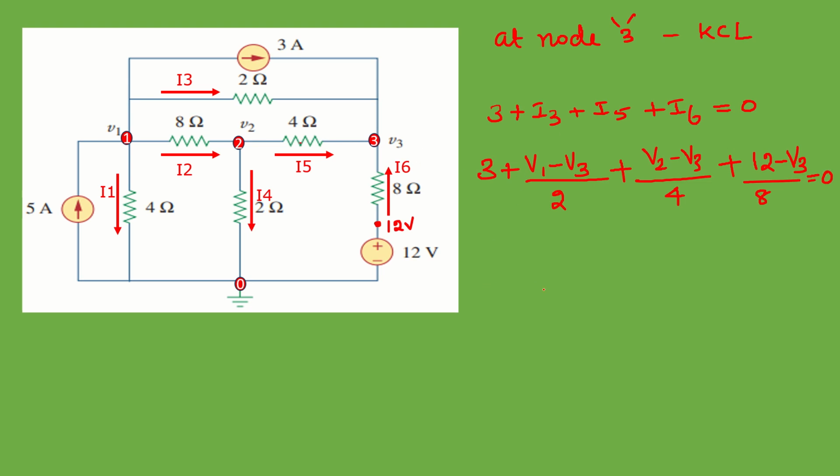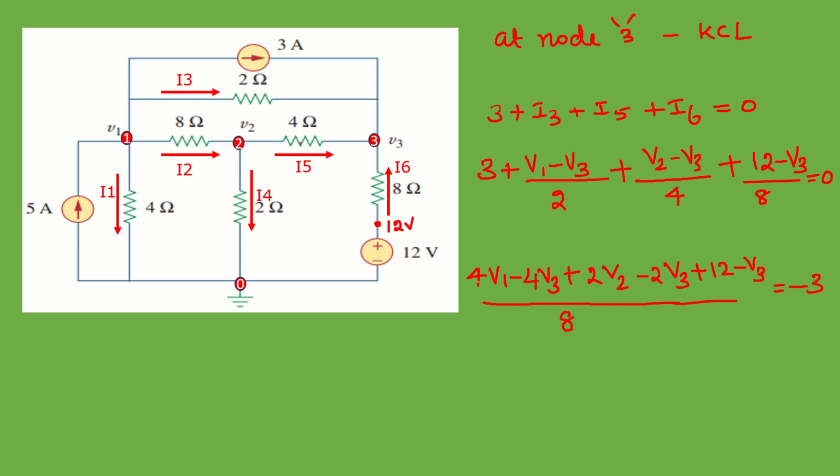This 3 can be brought to the side. For other terms we can take the common denominator as 8. So it is 4 times V1 minus 4 times V3 plus 2 times V2 minus 2 times V3. Then here we have plus 12 minus V3, that is equal to minus 3.